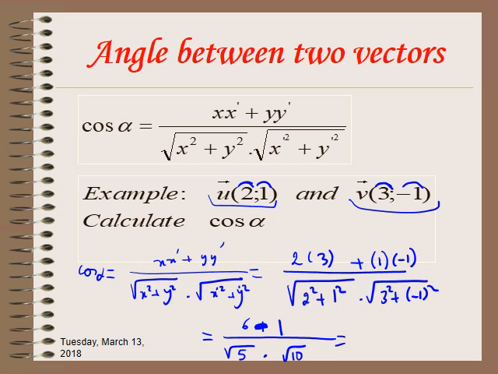That equals 6 minus 1, 5 over radical 50. Equal 5 over radical 50, it is 5 radical 2, so 5 by 5, 1 over radical 2.